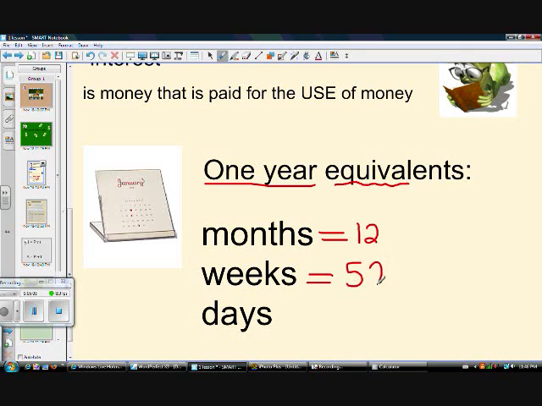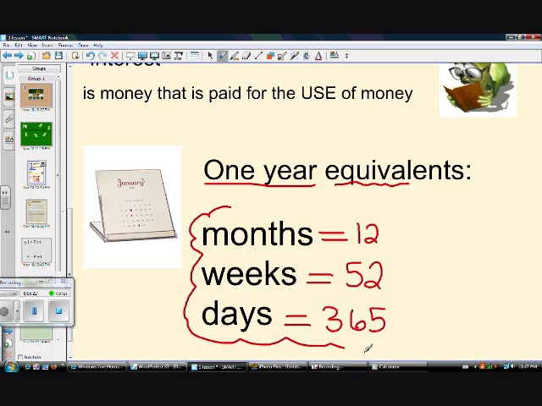And there are 365 days in a year. Now, this I will post in case we need that throughout this unit. There'll be quite a few things being posted around the classroom to help you with some of the vocabulary as well as some of the concepts. So we need to keep this in mind.